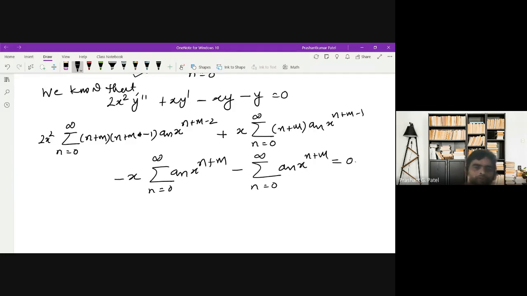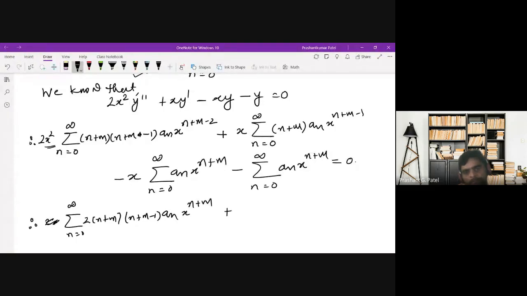So now we'll multiply this x square inside in the first term. So therefore we'll have summation n from 0 to infinity, 2 is also multiplied inside, 2 into n plus m minus 1 an x raised to n plus m, plus summation n running from 0 to infinity. In the second term also I'm multiplying x inside.